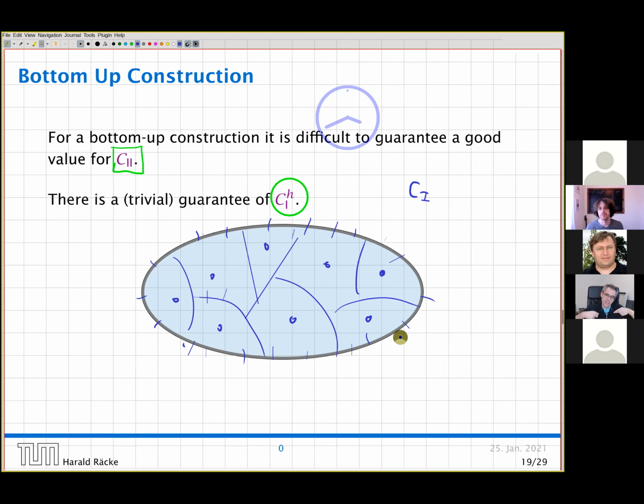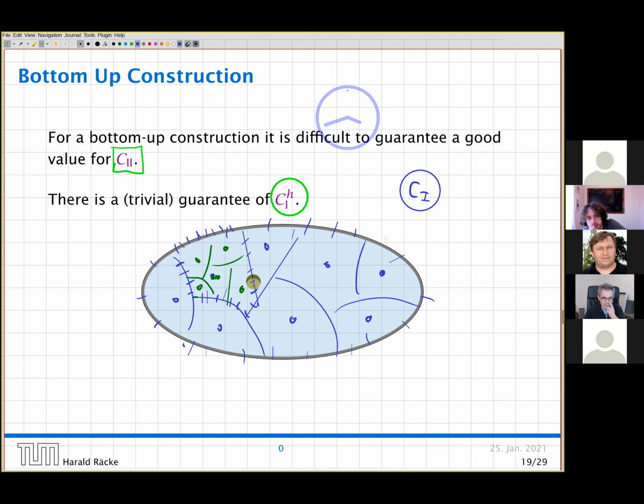So what I do is I undo the contractions level by level. I replace this single vertex by the partitioning on the next level and then put a vertex for every cluster. So I'm undoing the contraction by one level. And now the first level here gives me some congestion C1. So I have a flow problem on the boundary of this cluster where every edge induces a flow of C1.